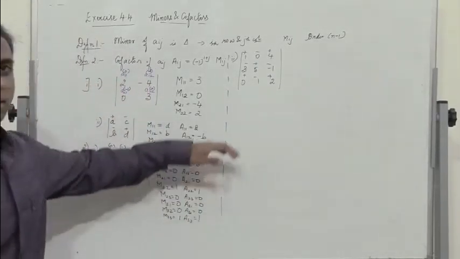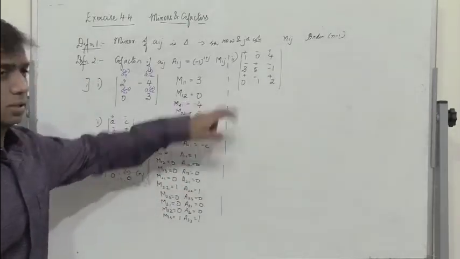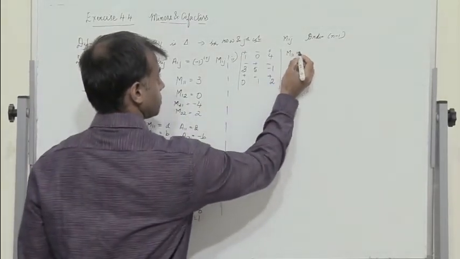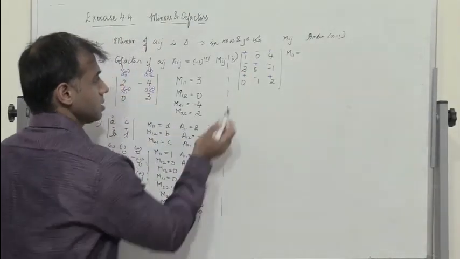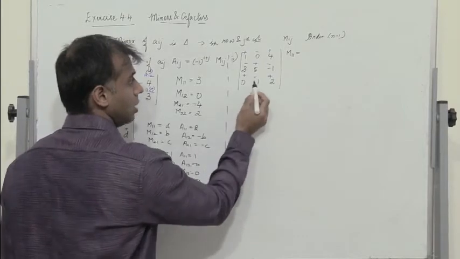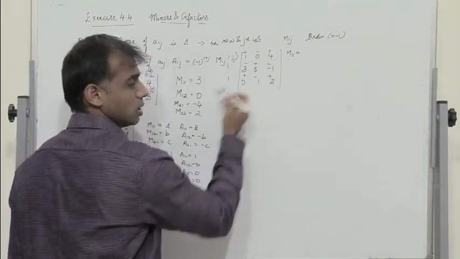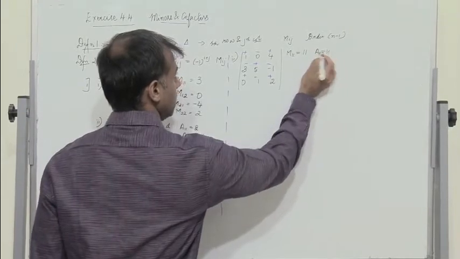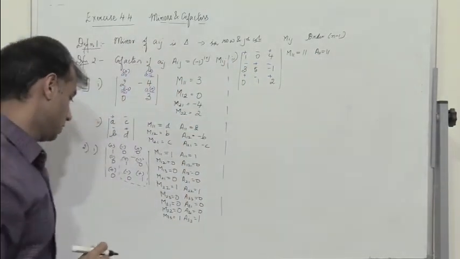So we need to find the minors and cofactors of this determinant. So M11, leaving the first row and the first column, so I have 5 into 2 which is 10, minus 1 into minus 1, so I get plus 1 which is 11. So A11 is 11 because I have a plus sign here.